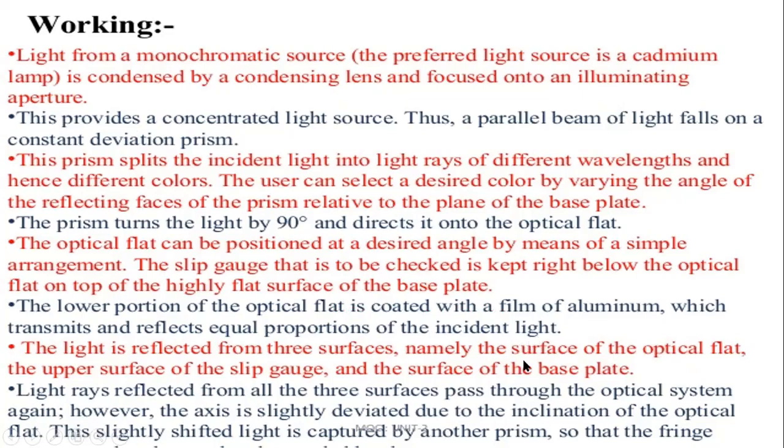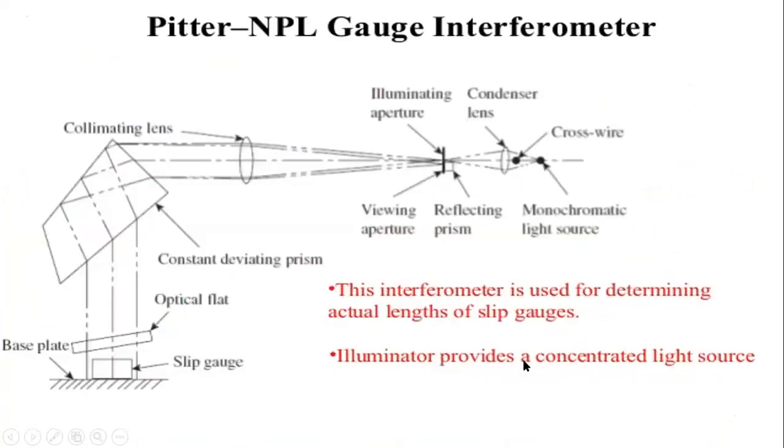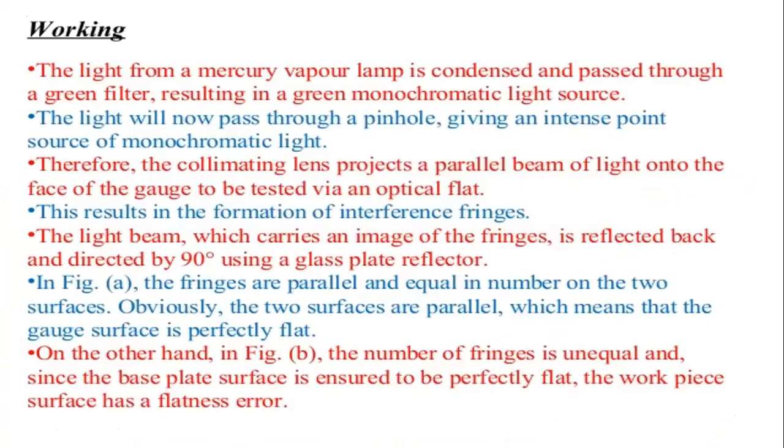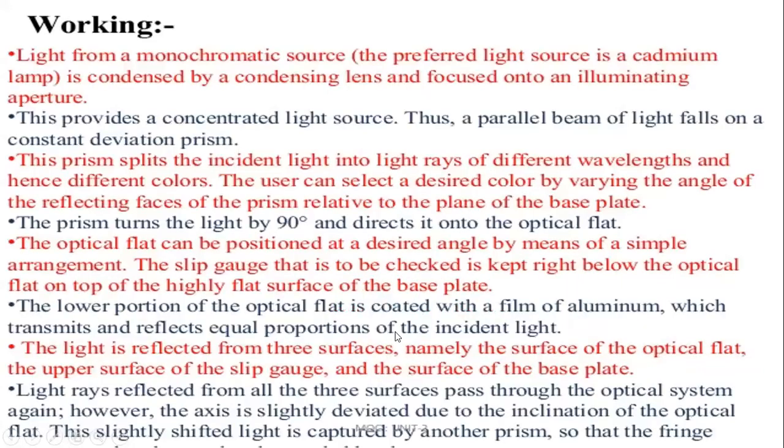So the optical flat has a second side, and its back side is coated with an aluminum film, which transmits and reflects equal proportions of the incident light. Then the light is reflected from three surfaces, namely the surface of the optical flat, the upper surface of the slip gauge and the surface of the base plate.